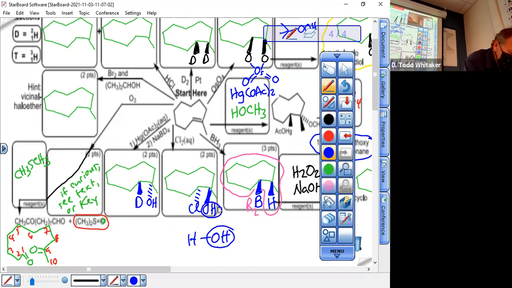This thing, which is HO isopropyl, puts this thing on the same carbon. It's the same reaction. There's no difference, except the product is different.